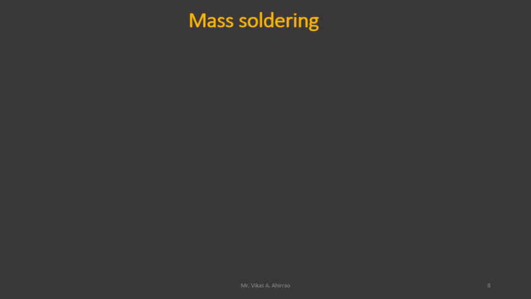The second category is mass soldering. As the name indicates, it means many joints are getting soldered at a time. Under mass soldering, there are a few types.